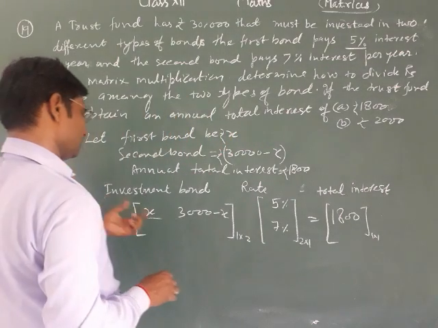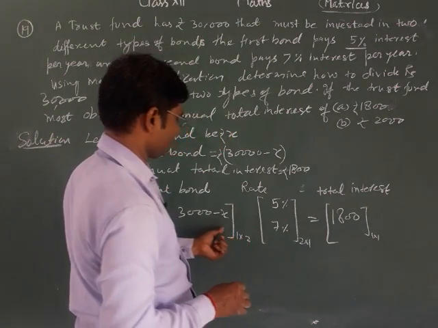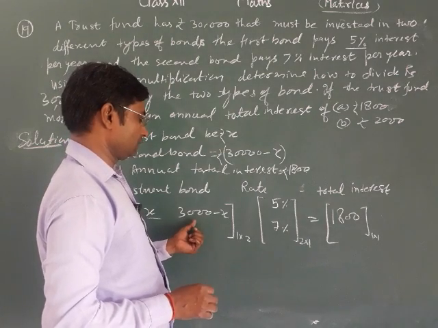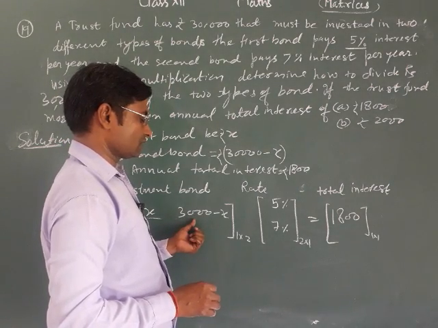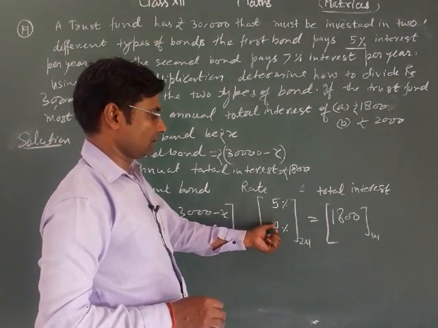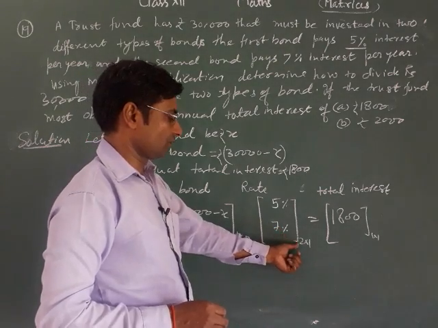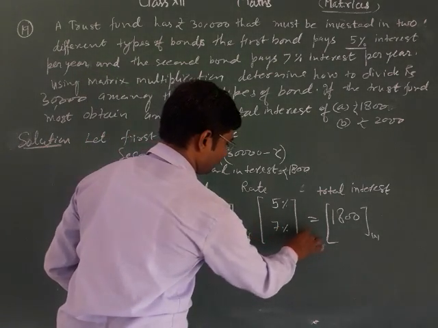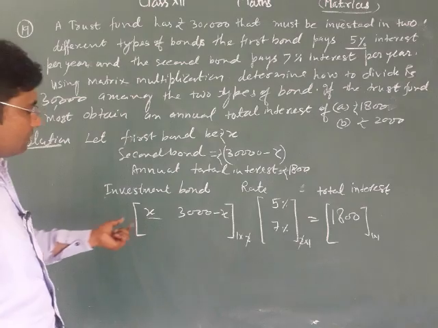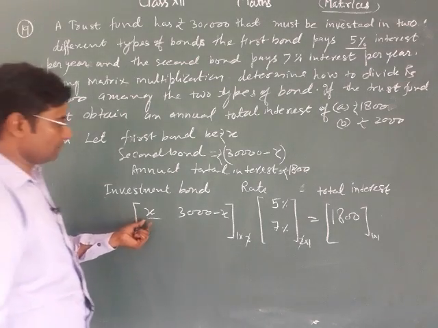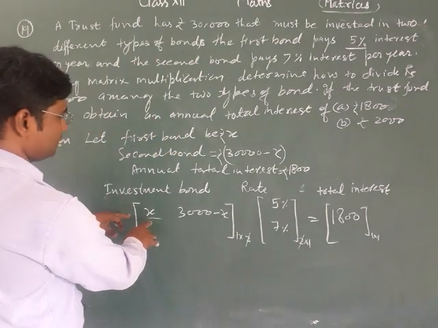So for the multiplication order, the number of columns of the first matrix is 2 and the number of rows of the second matrix is 2. Both are equal, so matrix multiplication is possible. Now multiply the corresponding elements.